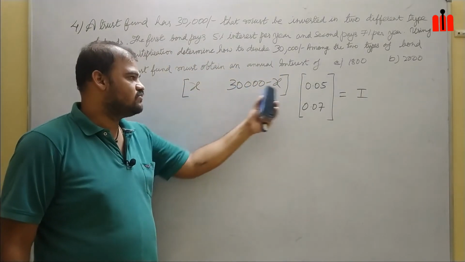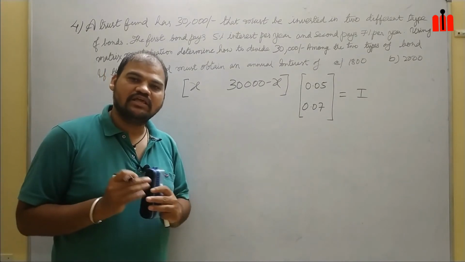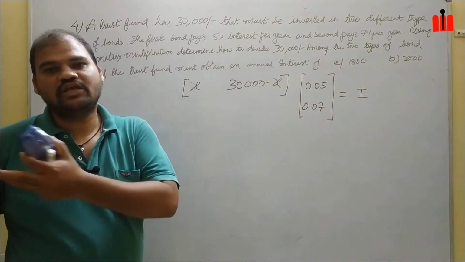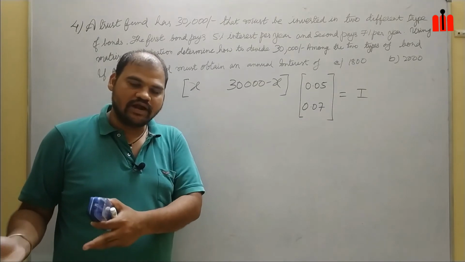So this is the matrix multiplication you have to do. The basic fundamental thing we have done here is amount into rate of interest will give how much interest it will yield at the end of the year.